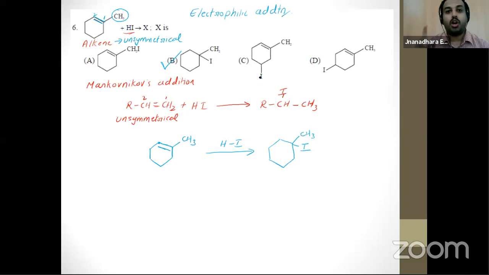The double bond should no longer be present in the product. See, in all these options, A, C, and D, the product still has a double bond, which means these are not products of addition, hence not the correct answer. Which is the only option where there is no double bond? Option B. This logic itself is enough for you to arrive at the correct option, option B.